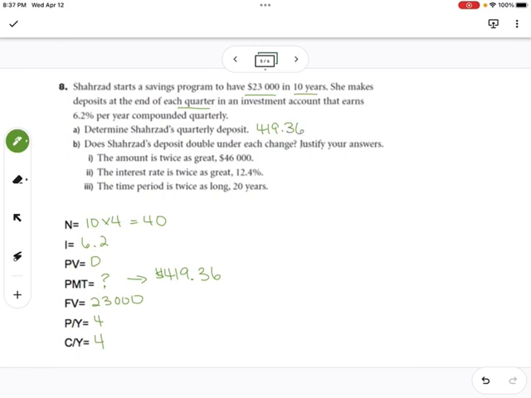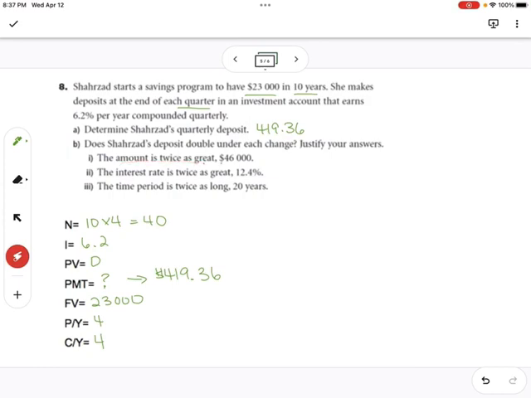Okay. So for part B, does Shahrzad's deposit double under each change? So we're just going to make slight alterations to our values that we already have here. The first one is saying that the amount is twice as great.